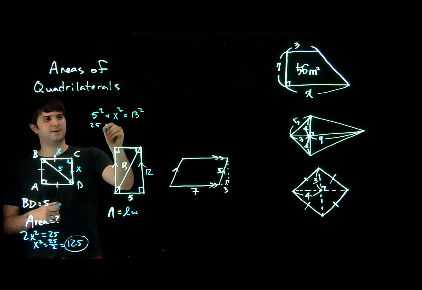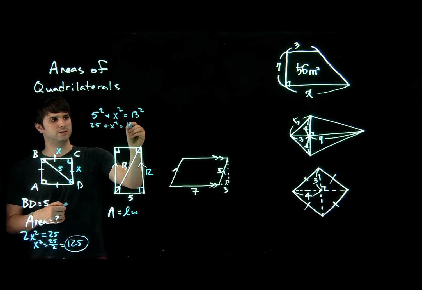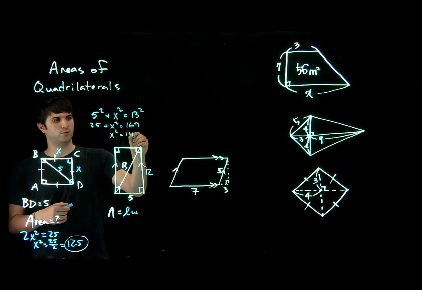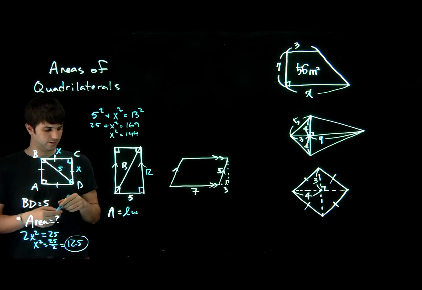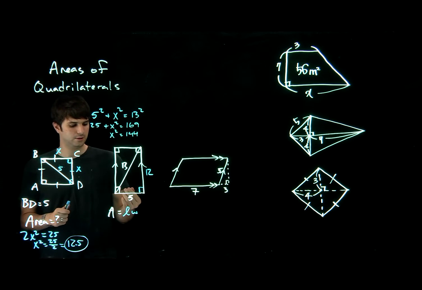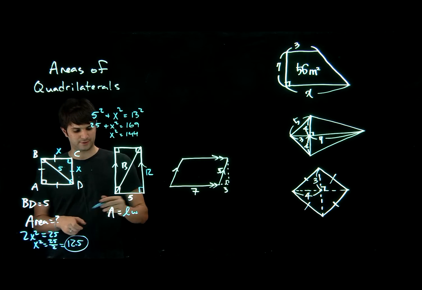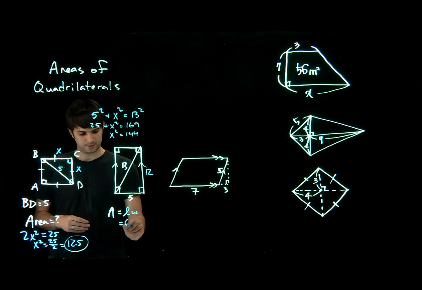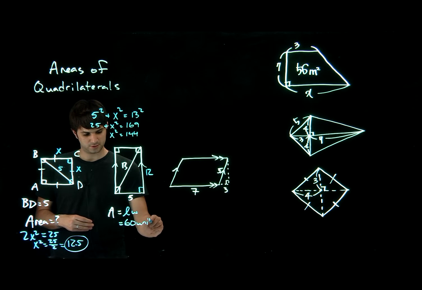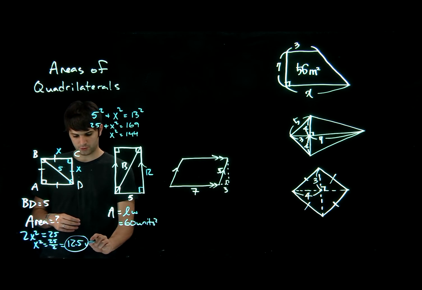So 25 plus x squared equals 169. So x squared equals 144. And so that's where we get that. Okay. So that's going to be 12. And so 12 times 5, area is going to be 60 units squared. And let me write units squared here as well.